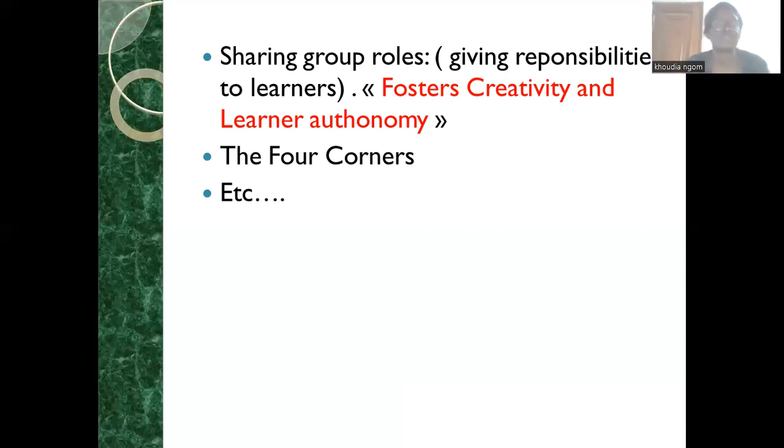The others who do not agree will join another corner, and when they finish, they will have to express themselves and defend their opinion. You see, it is a very practical way to deal with speaking while making our students be creative and collaborate.